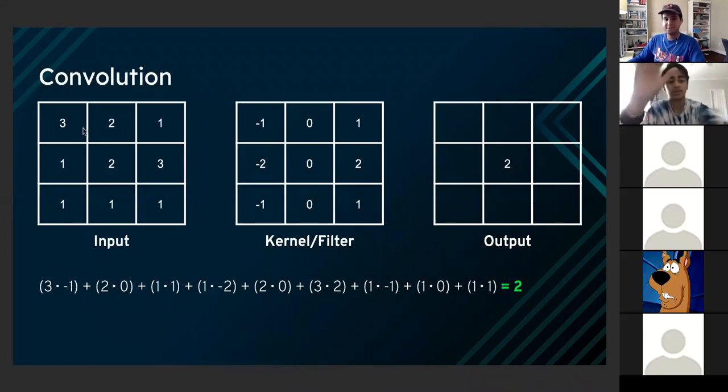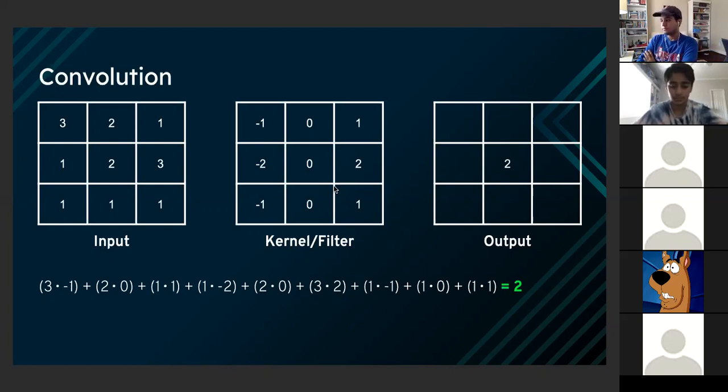It just multiplies this pixel with this pixel, right? So the 3 times the -1, it multiplies the corresponding input pixel with the corresponding kernel pixel, and then it adds, it does that for every single one. It's called element-wise multiplication, where each element matches with another element, and then you add them all up together. Yeah, it's just a mathematical process.